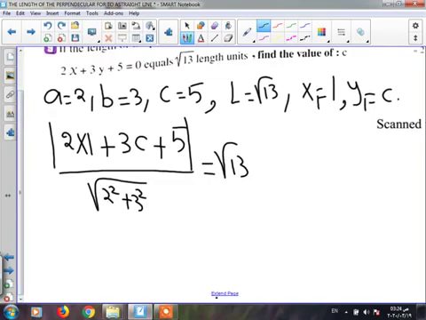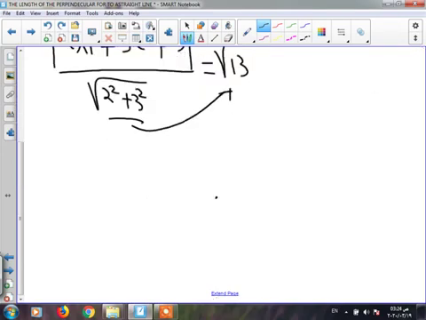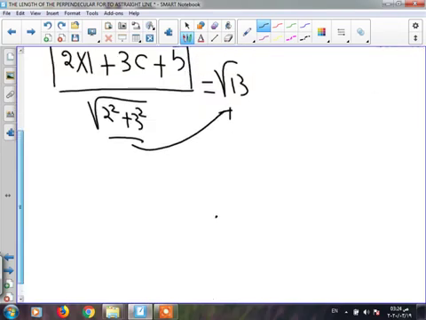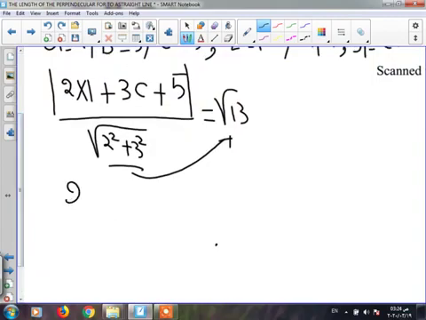If you move the root to the other side with multiplication, then we have absolute of 2 plus 3C plus 5 equals 13.